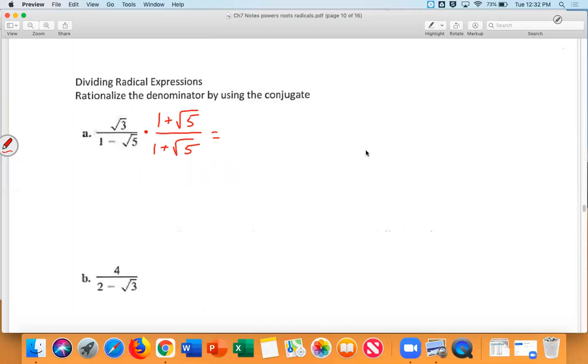That's going to give me the numerator root 3 plus root 15 over, FOIL out the denominator. We're going to have 1, and then we're going to have plus root 5 minus root 5 minus root 25.